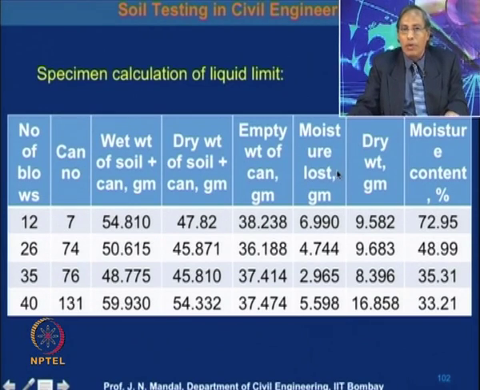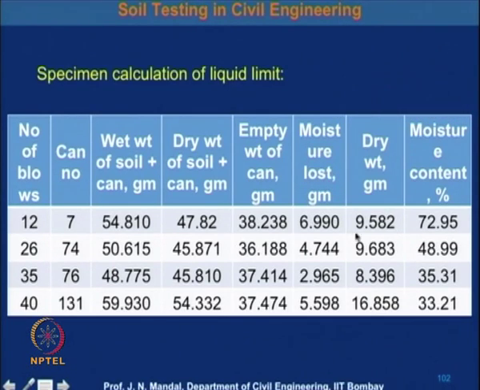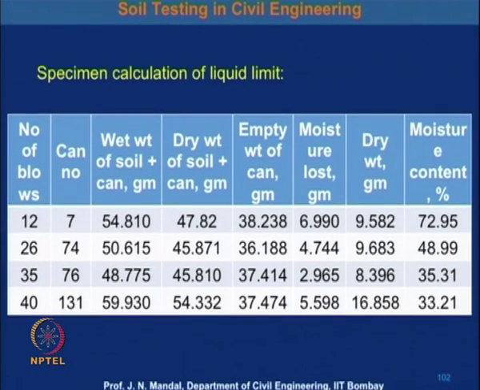Then you can calculate the dry weight. So, dry weight is 9.582, 9.683, 8.396, 16.858, and you know the moisture content and the dry weight, then you can calculate the moisture content in terms of percentage. So, this is 72.95 percent, this is 48.99%, this is 35.31%, and this is 33.21%.